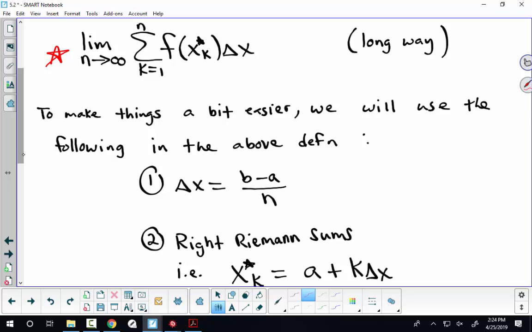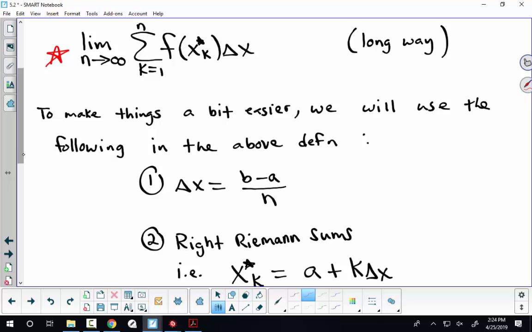And so to make our computations a little bit easier, we're going to choose the f of x star not to be the midpoint Riemann sum or the left Riemann sum, because those involve the k minus a half and the k minus 1 respectively. We'll choose the f of x star to be the right Riemann sum, which was just a plus k delta x. So really, like we said, the components of that are the function f times delta x.